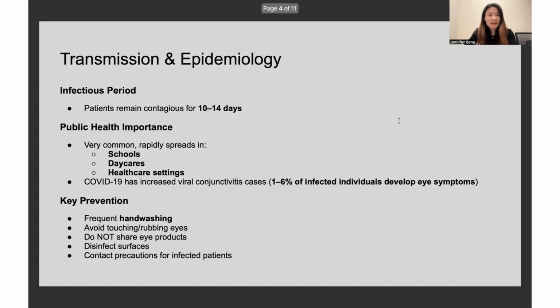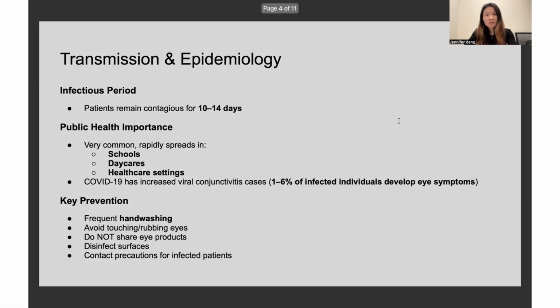For the epidemiology, from a public health perspective, outbreaks spread quickly in schools, daycares, and healthcare settings. During COVID-19, about 1 to 6% of infected people developed eye symptoms.